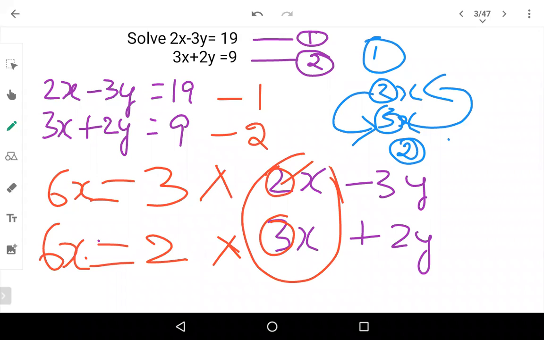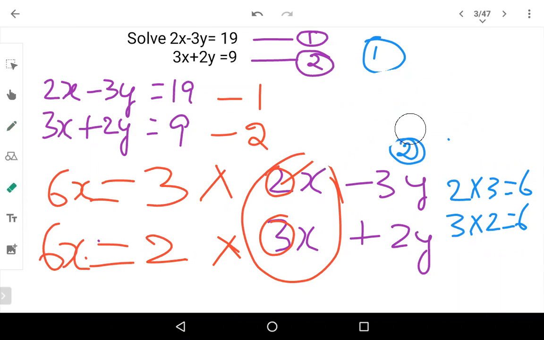Why are we doing this? Because 2 3s is 6, 3 2s is also 6. When you multiply, you get the same answer. Understood? This is one way. There are a few equations where instead of multiplying like this, you will multiply with one number where you will get a common number.